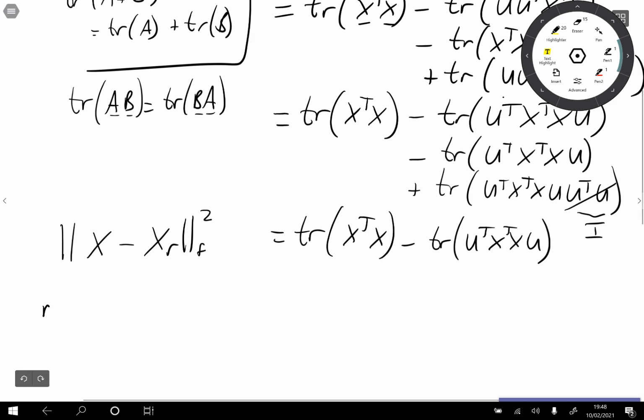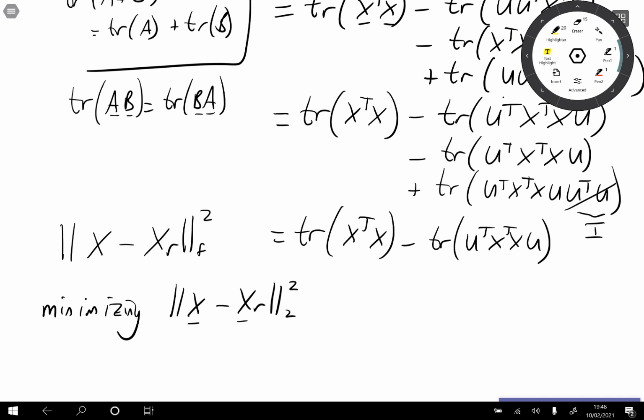So, minimizing the reconstruction error, or the error in approximating X by our rank R matrix, X_R, is equivalent, you can see, to maximizing, well, this term here, the trace of X transposed X, doesn't have U in. So it's equivalent to maximizing this term because of the minus sign.